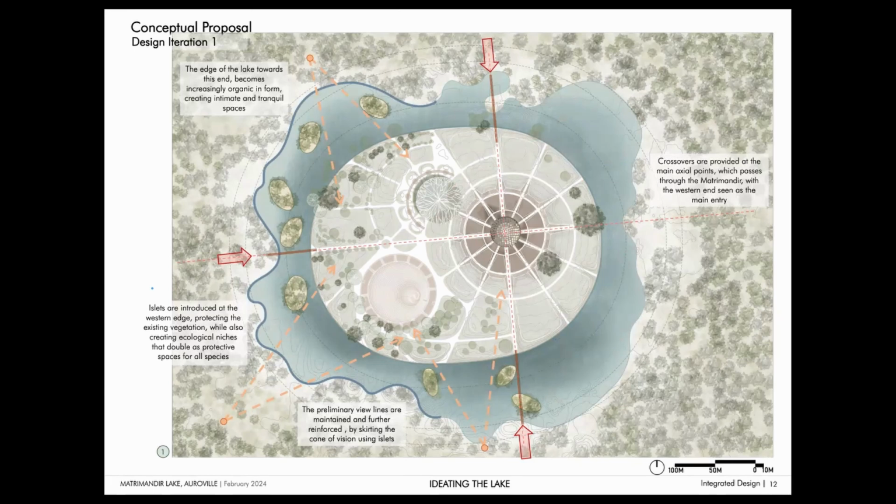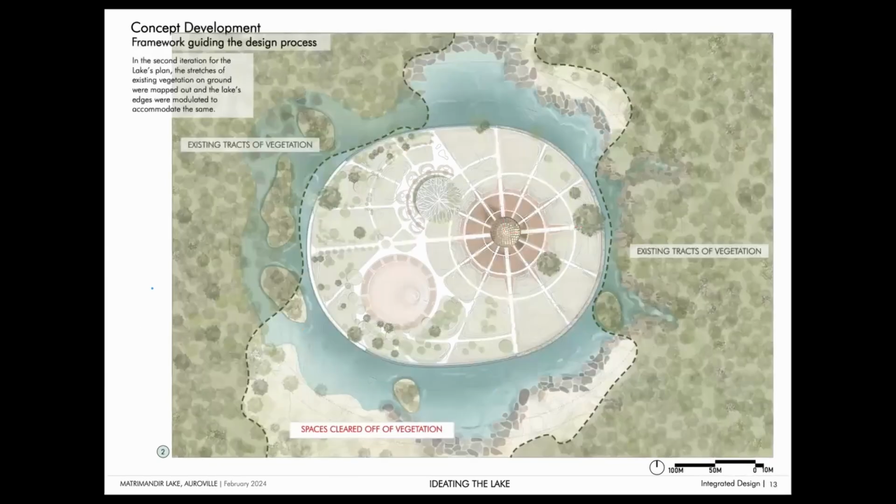Also, because of the prevalence of the existing mature vegetation in this area, the profile of the lake responds to this accordingly. And like I mentioned in the first slide, the crossover points remain along the 3 cardinal points, north, south, and west, and nothing on the eastern side.